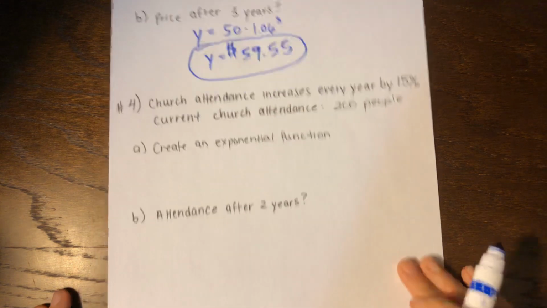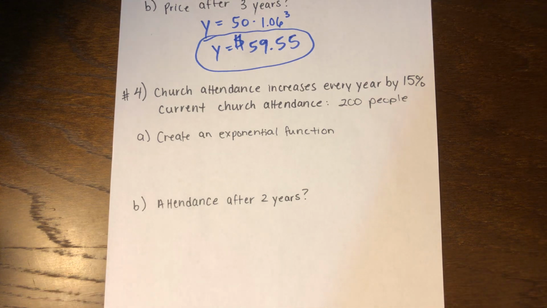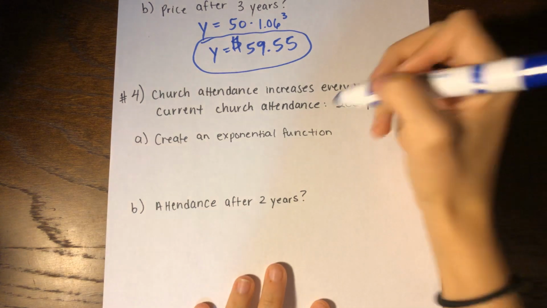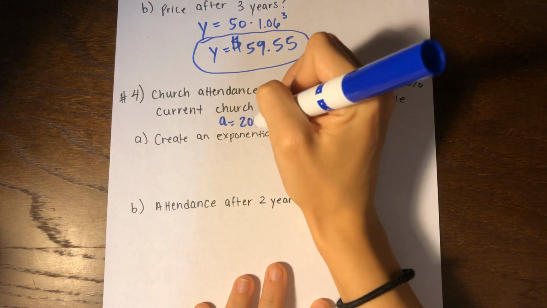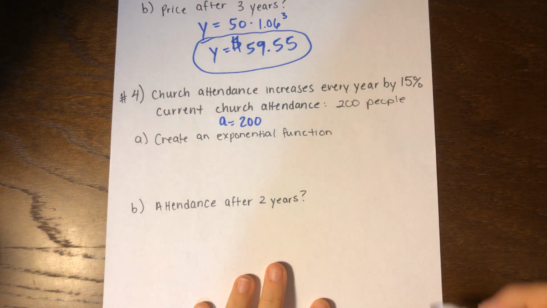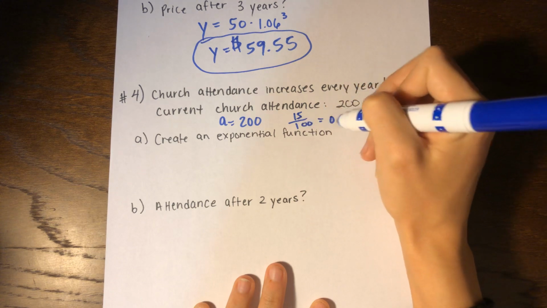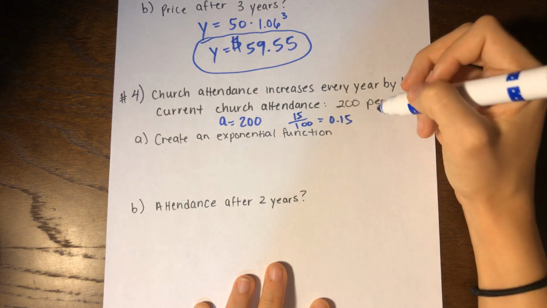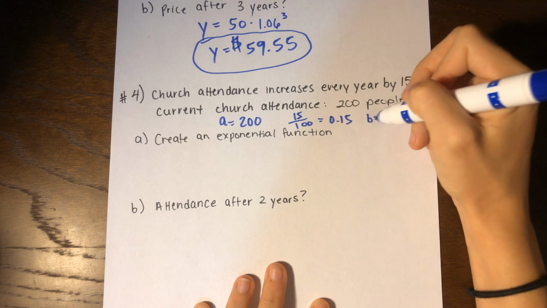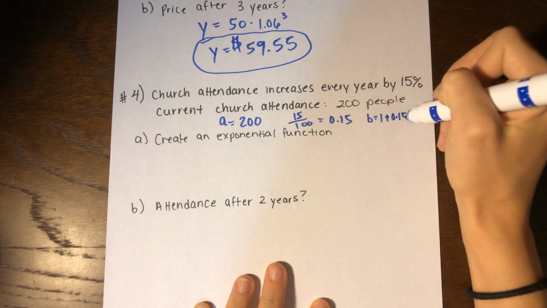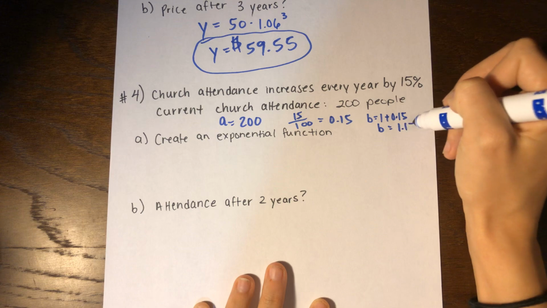Last one. The church attendance increases every year by 15%, and they tell us that the current church attendance is 200 people. They want us to create the exponential function, and then find the attendance after 2 years. So A is 200, that's the current attendance, the initial amount. We take 15, divide it by 100, get 0.15. Then B is equal to 1 plus 0.15, so B is equal to 1.15.